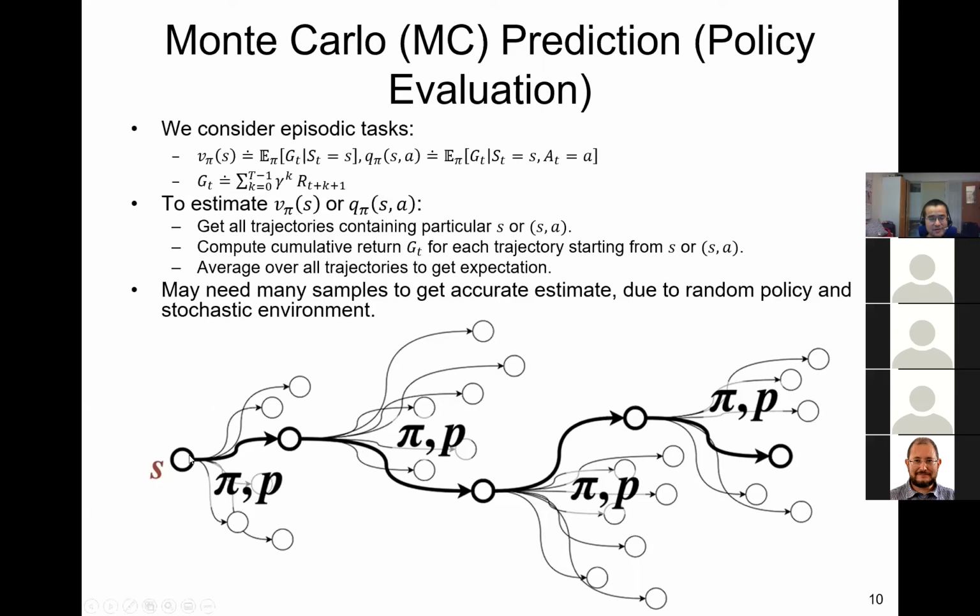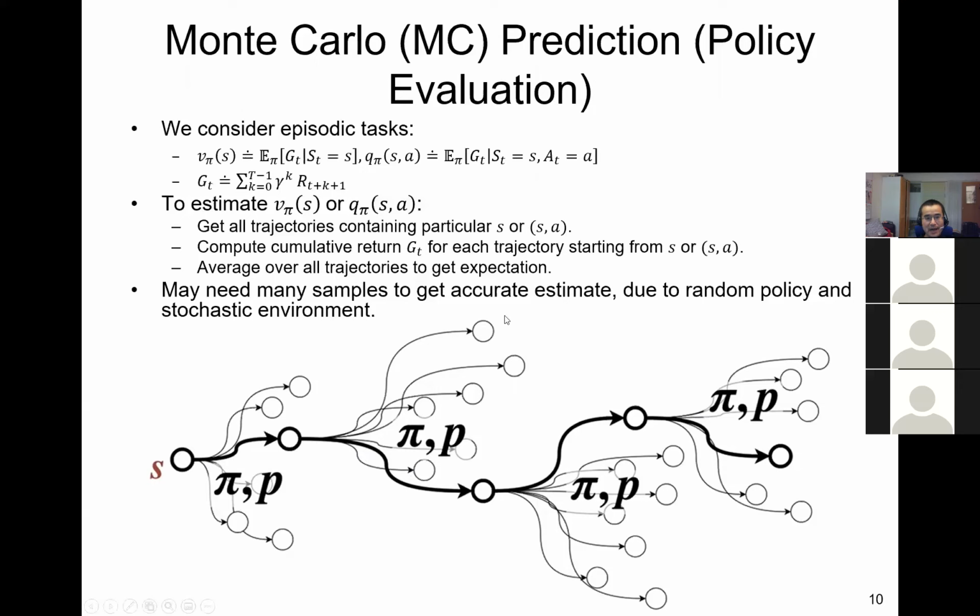So at every state, each circle is a state, you have a branching factor. The branching could be due to policy, could be due to environment. And then a specific episode is a path from start to end of the episode through this tree of possible next states.